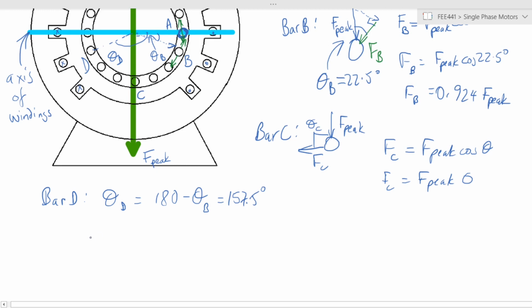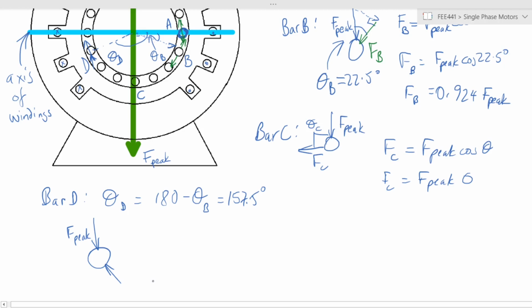Now, in the case of bar D, we have it represented there with the same F peak which we had there. The freedom of movement for bar D is that way, either here or there, which means it looks something like that.